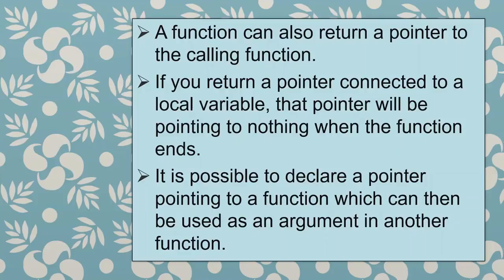And it is possible to declare a pointer pointing to a function which can be used as an argument in another function. You can use the pointer from one function to another function. Let us see an example of how to call a function using pointers.